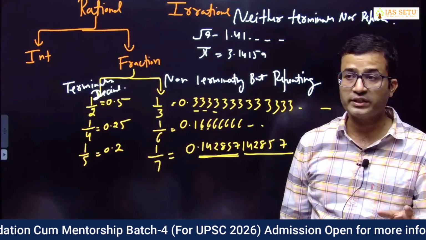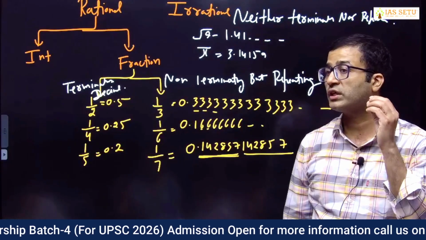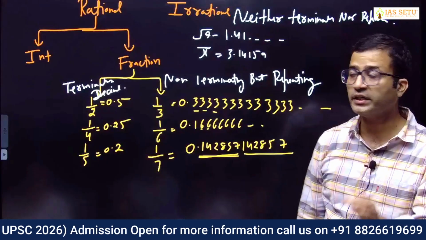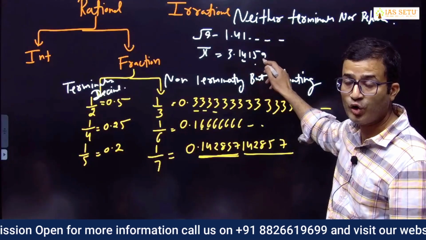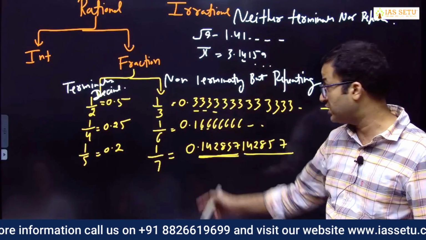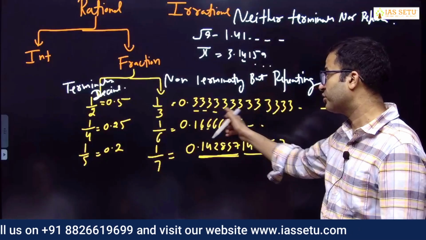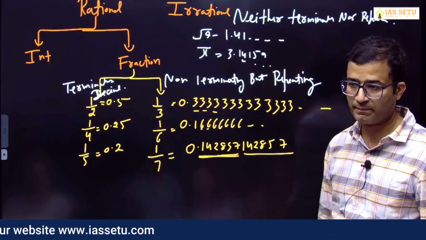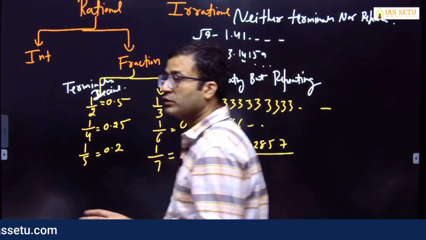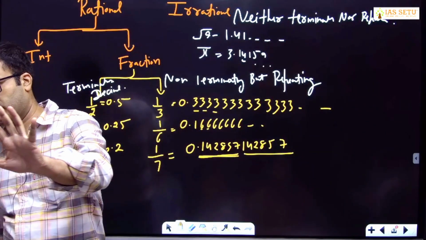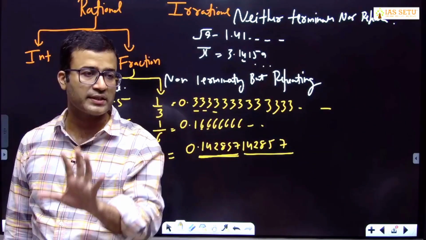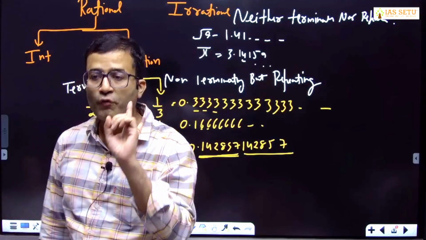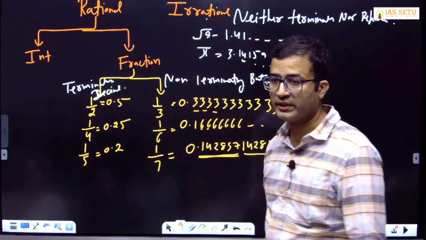You check 1000 digit, 10,000 digit, 1 lakh digit, I guarantee neither they terminate nor any repetition you will find. जैसे यहाँ पे एक repetition, एक पैटर्न बन रहा है 33366142857142857.